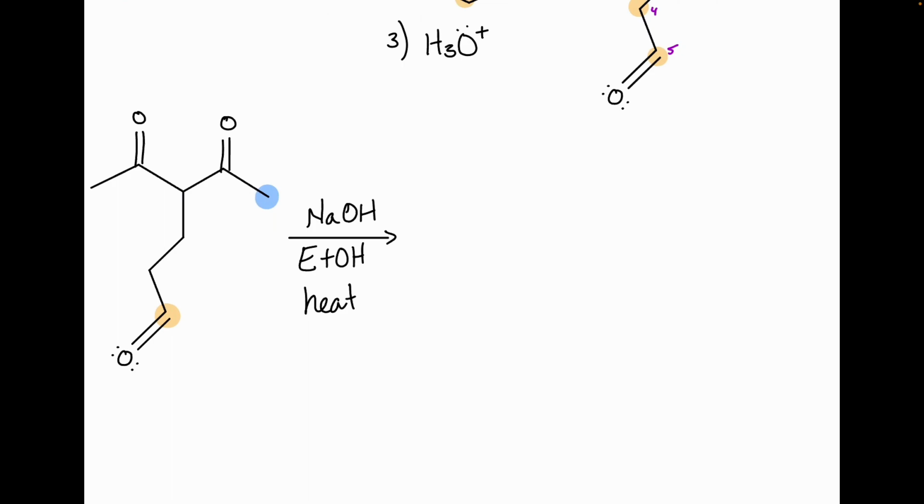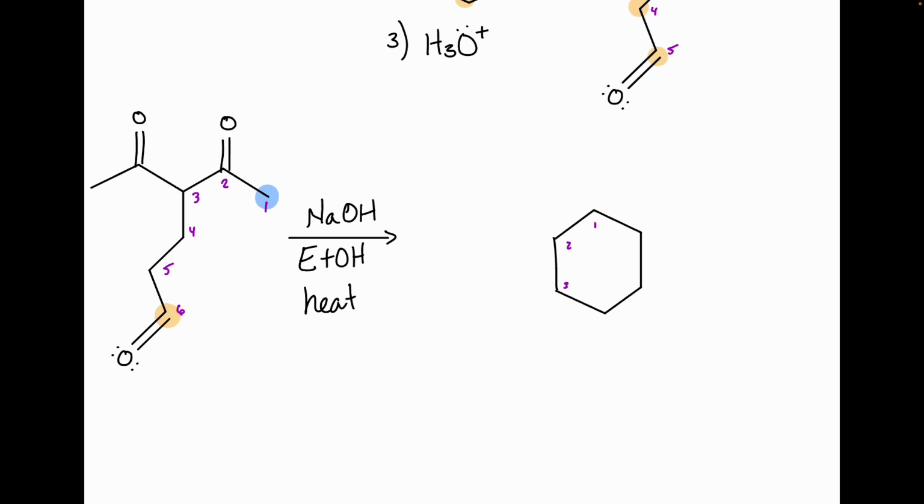All right, what size ring am I going to start with? 6-membered, because I got my 1, 2, 3, 4, 5, 6 carbons between these two. So start with our 6-membered ring. Again, apply our numbering.